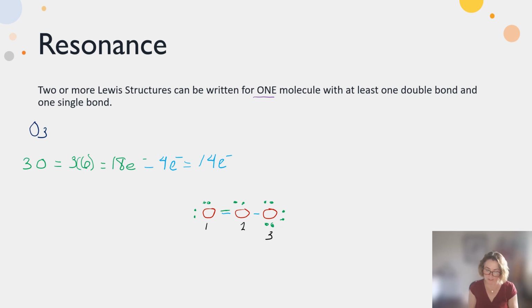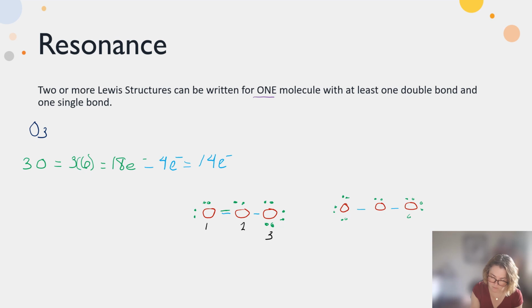But could I have taken and moved that double bond to the other side? Well, let's take a look at that. Let's set everything up over here exactly the same as we had over here. Okay, so I'm going to put all my lone pairs in.